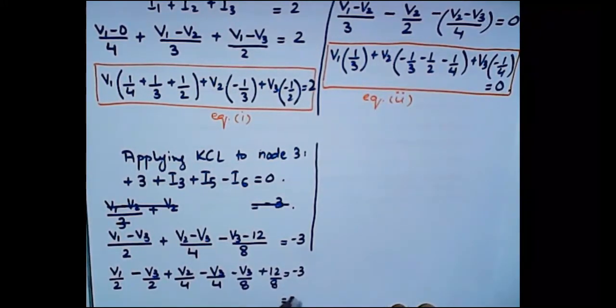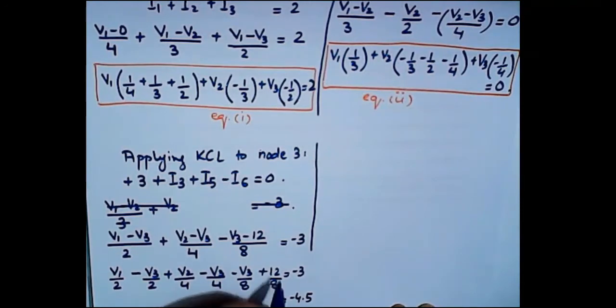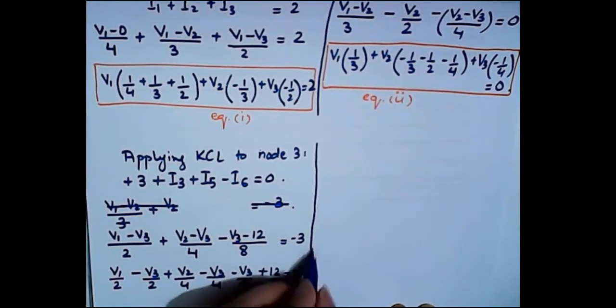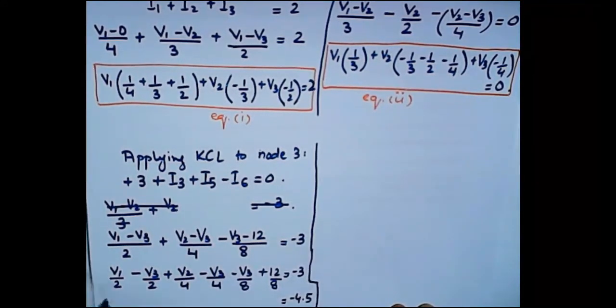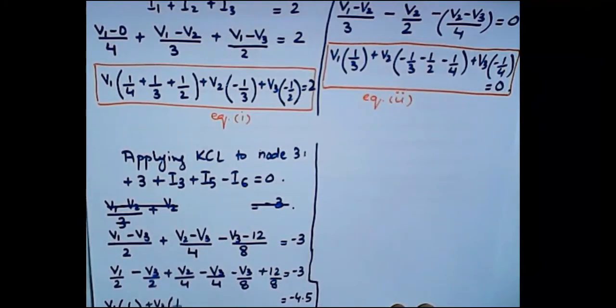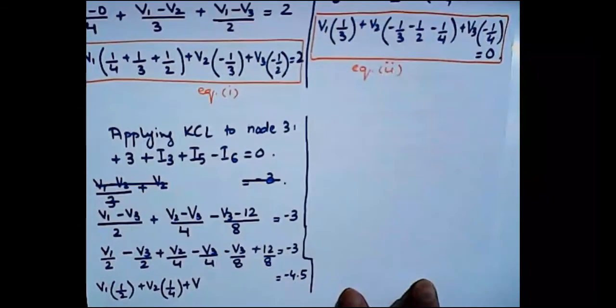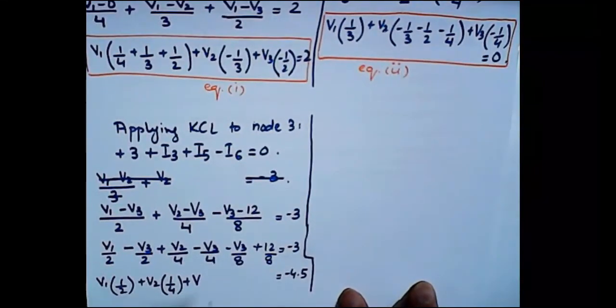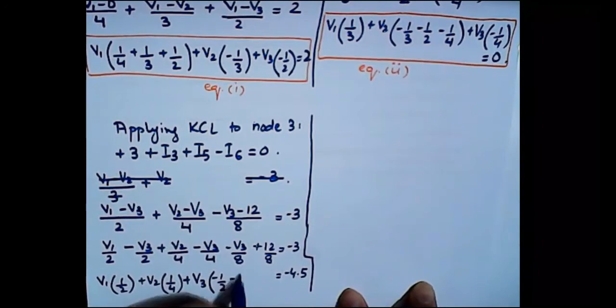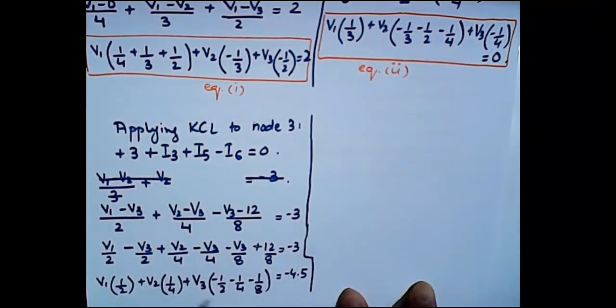It will be minus 4.5, because 1.5 will go to the other side and its sign will change. And V1, its coefficient is 1 upon 2, plus V2, its coefficient is 1 upon 4, plus, sorry for the adjustment, V3, its coefficient is minus 1 upon 2 minus 1 upon 4 minus 1 upon 8, right?